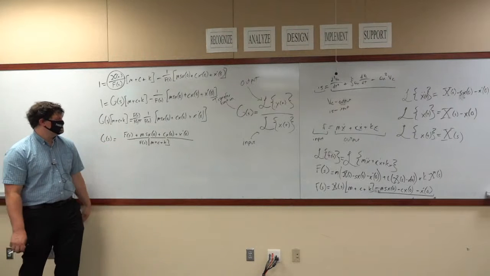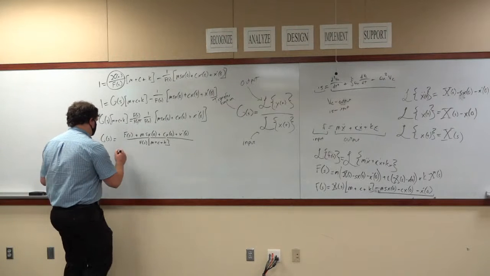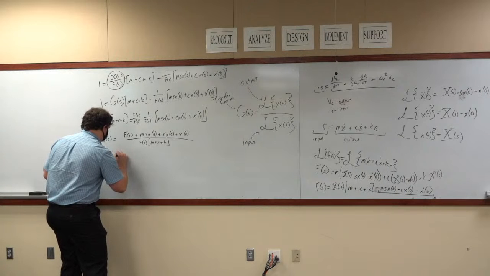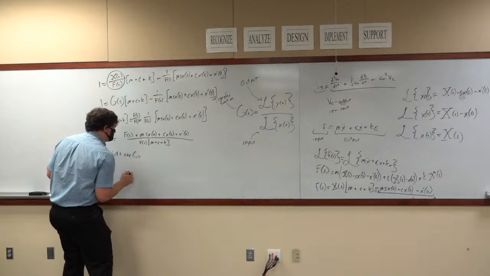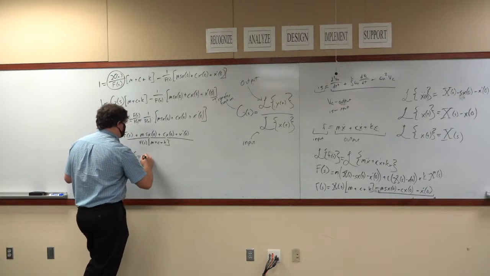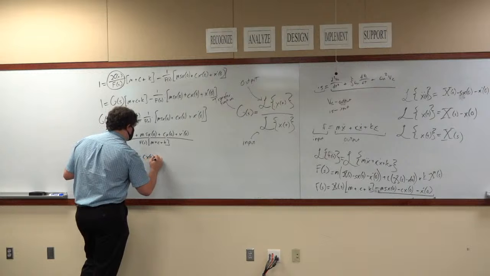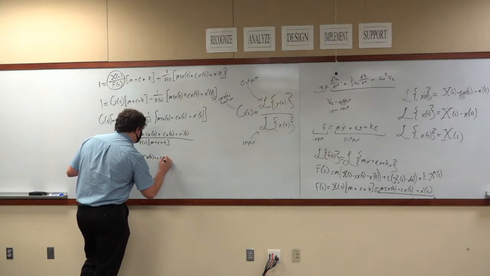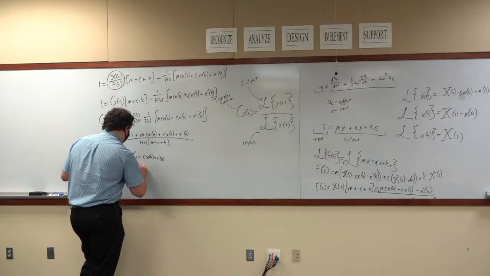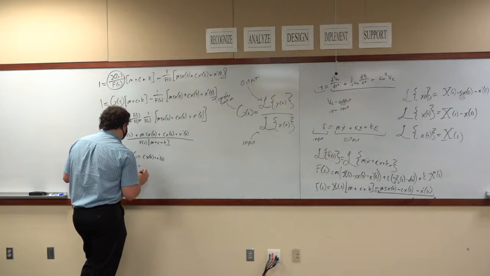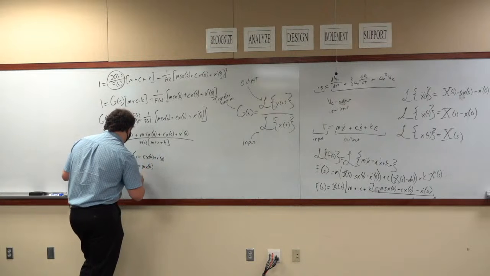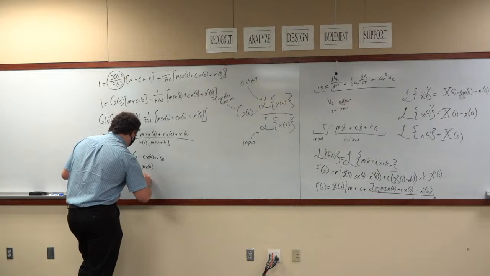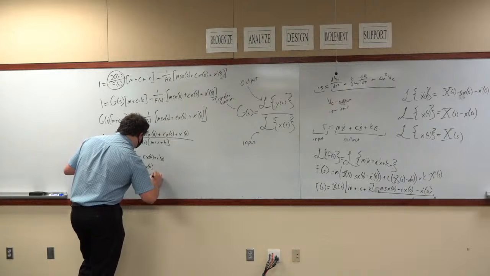So really, if we say C1 is equal to c x0 plus x prime 0, and we'll make C2 equal to m x0, and we'll say C3 is equal to m plus c plus k.